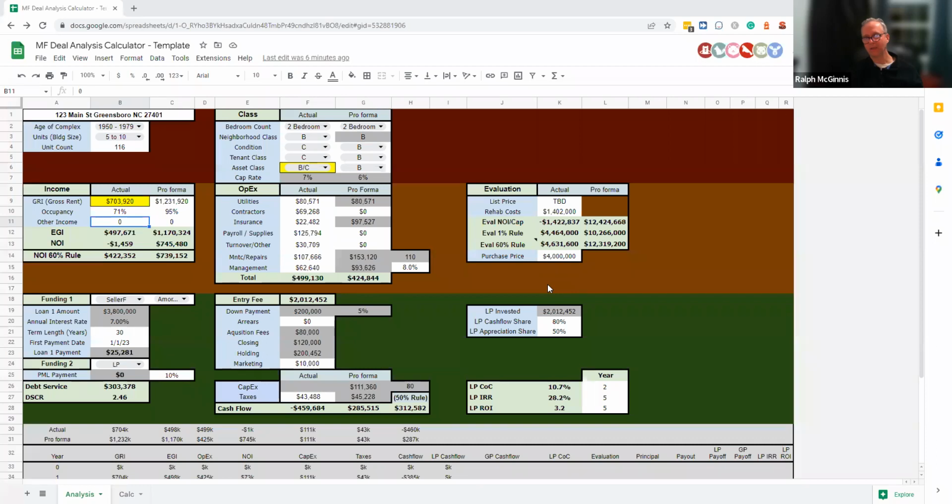All right, so we have here another question. Does this calculator have an option where you do subject-to on a part of the deal and seller finance the other portions? No, it does not. That could be done a lot of times with multifamily.